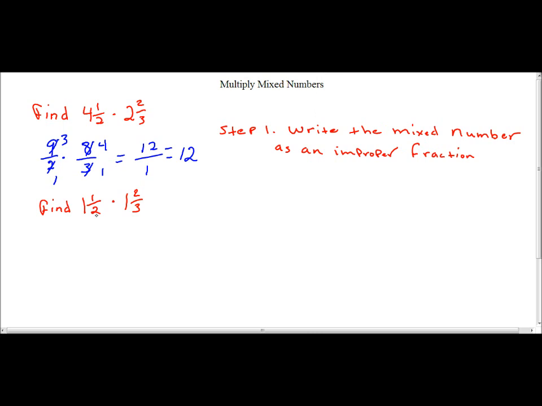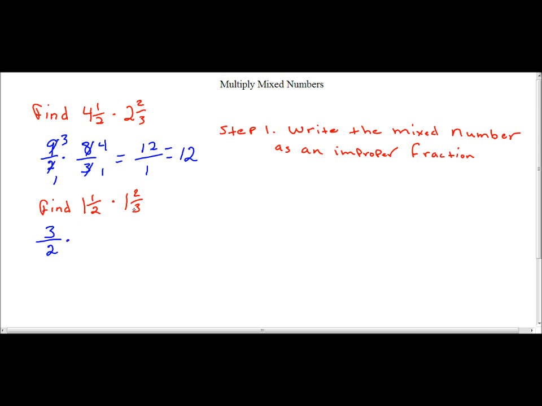Again, we need to turn it into an improper fraction. 2 times 1. Remember, when to do that, we multiply the denominator times the whole number. 2 times 1 is 2, plus 1 is 3 for the numerator over the denominator 2.